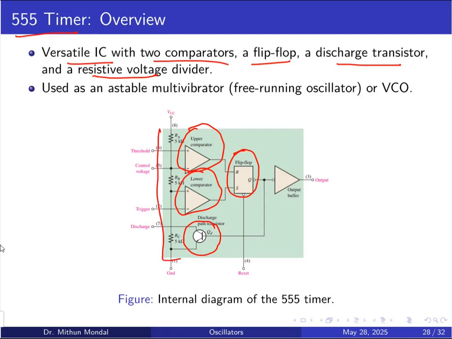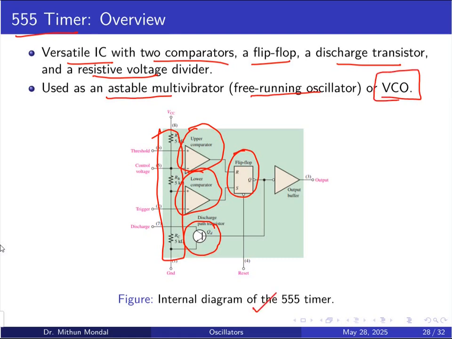So you will be having the resistors as the voltage divider. So this is the 555 timer circuit block diagram symbol, and it is used as an astable multivibrator, which is basically the free running oscillator, or otherwise we say voltage control oscillator.